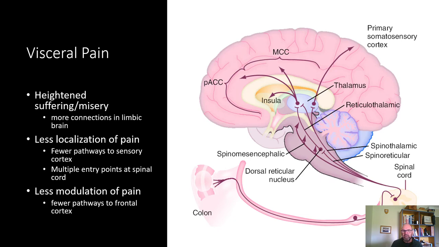The multiple nerve pathways and multiple entry points to the spinal cord make it impossible for the central nervous system to pinpoint the exact location of the pain. This is amplified further by a relatively small number of these nerve connections that are going to terminate up in the sensory cortex.